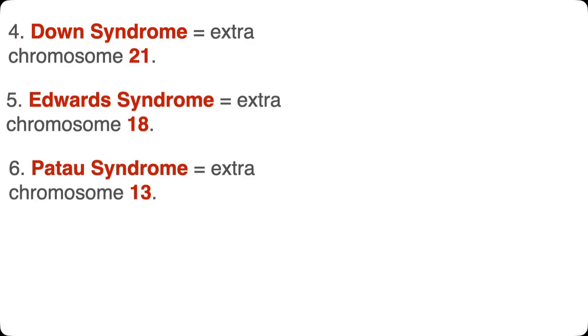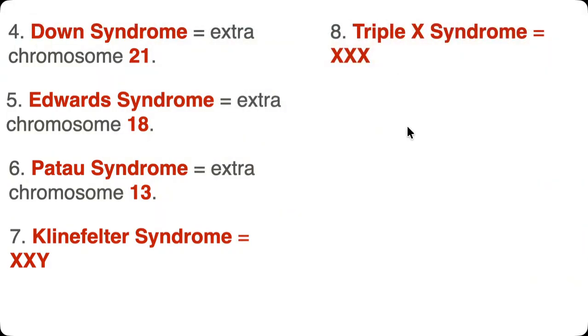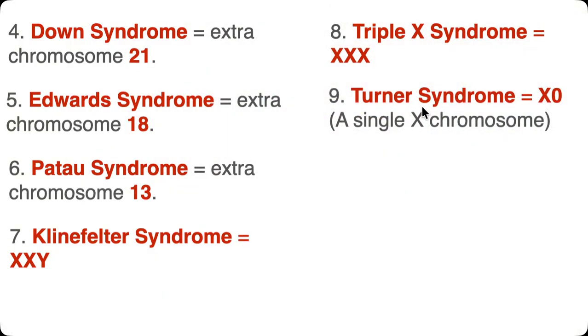The rest of the ones we're going to talk about are sex chromosome disorders. Klinefelter syndrome is where you have 2 X chromosomes and a Y chromosome. Triple X syndrome is where you have 3 X chromosomes. Turner syndrome is the only one where you have too few.